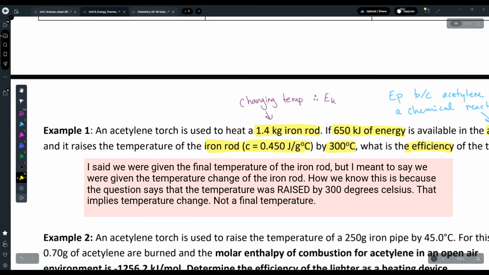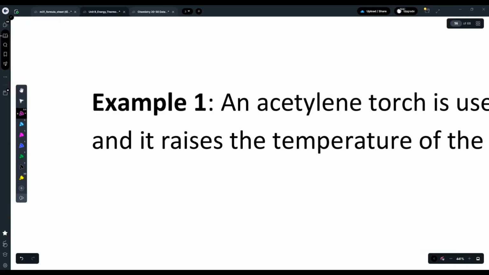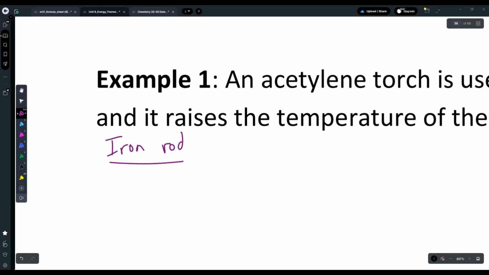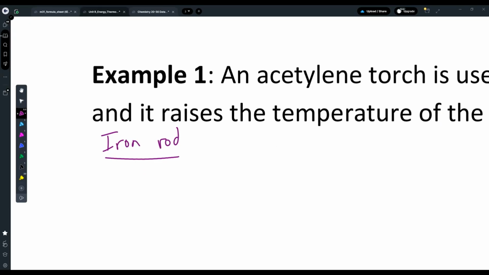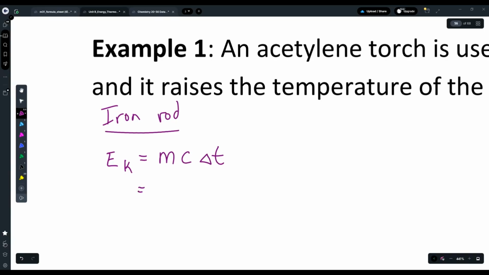Okay, so let's start off with the iron rod. We said because it undergoes a temperature change and not a chemical reaction, this is going to be dealing with kinetic energy. So remember, that's mass times specific heat times the change in temperature.